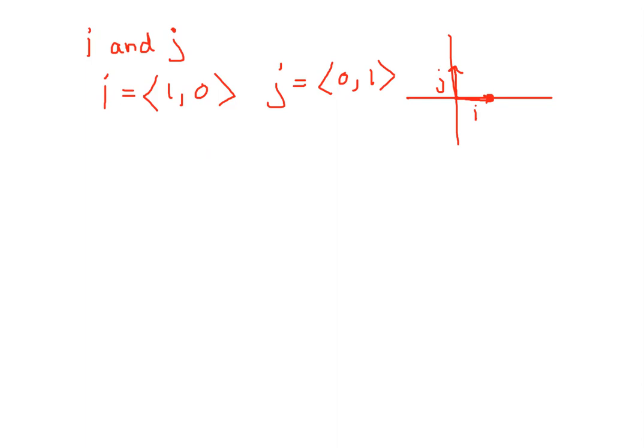So there's J. So J is like the Y, and I is like the X. So any vector V, which is defined as AB, can be written in the form AI plus BJ.